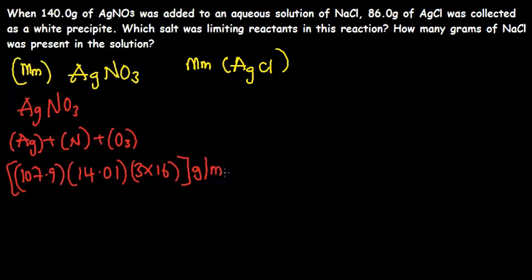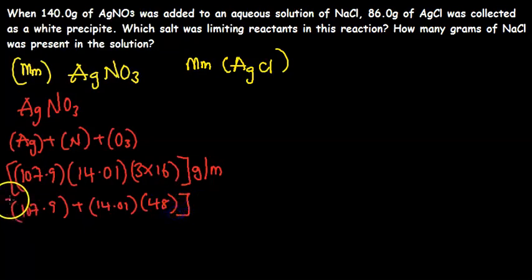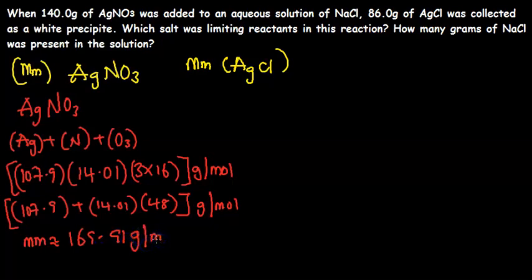If you add everything, 107.9 plus 14.01 plus 48, the molar mass is simply going to be 169.91 gram per mole. This is the molar mass.